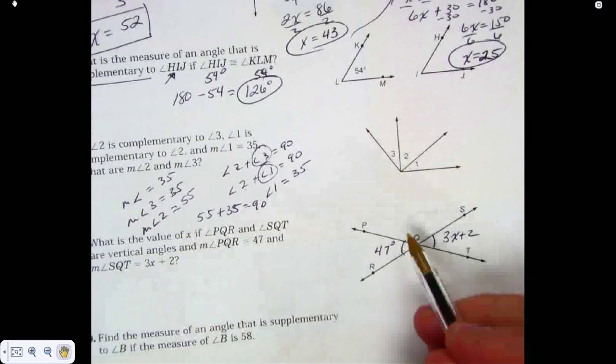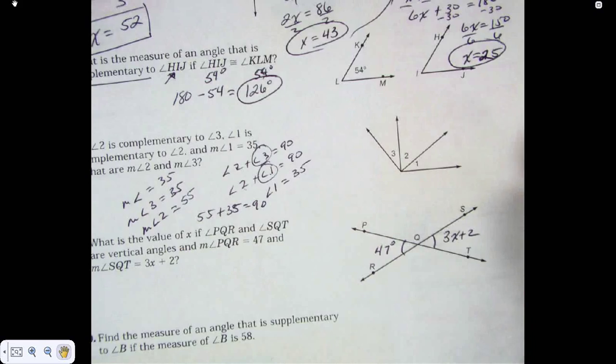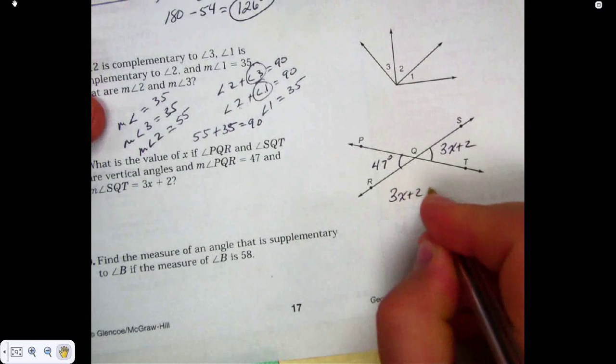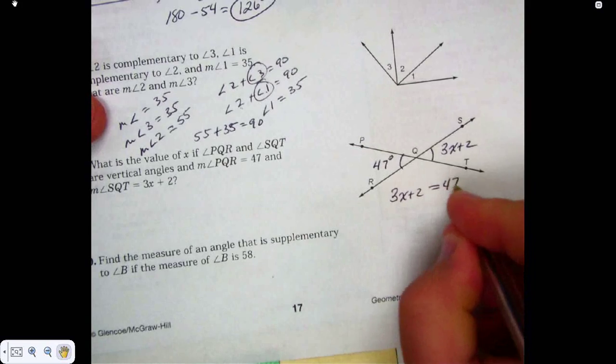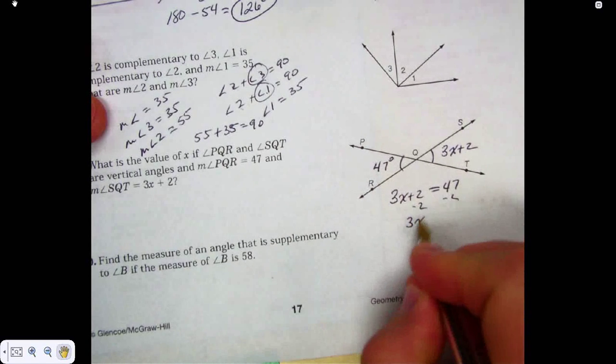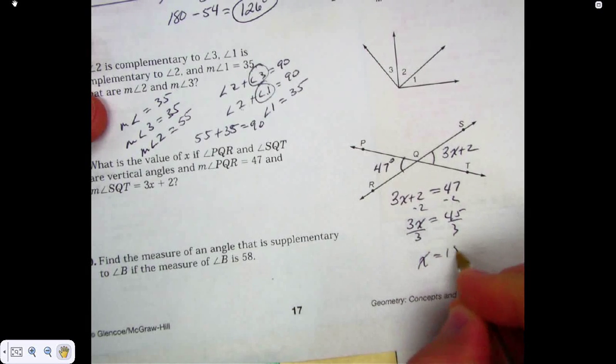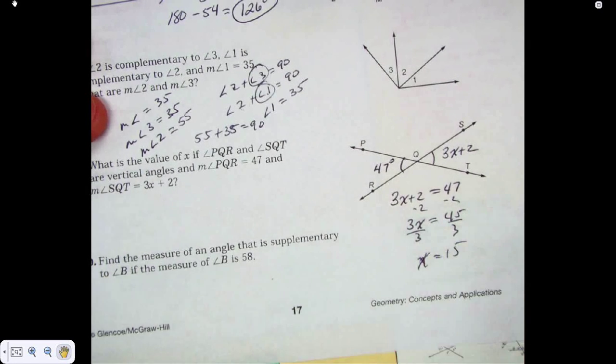They wrote it in words and had you label the figure, but it's the same concept. What would my equation be? 3x plus 2 equals 47. They don't add to 180, they're congruent, right? So x is equal to 15.